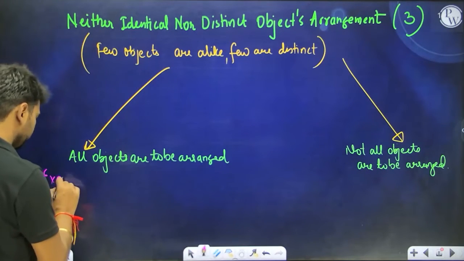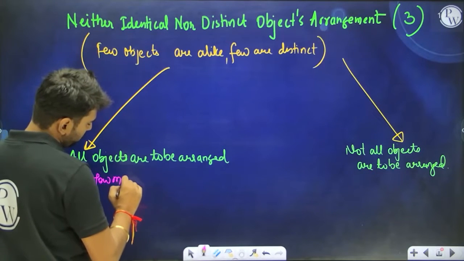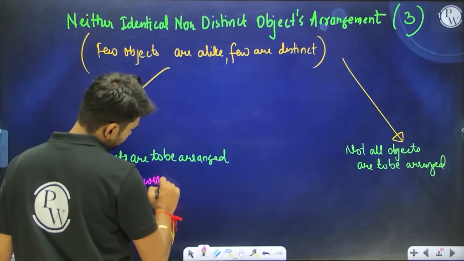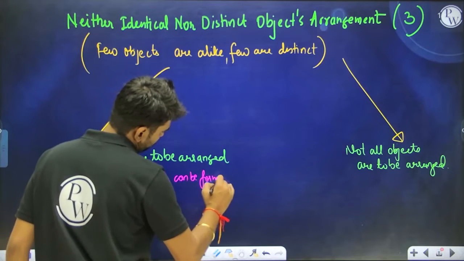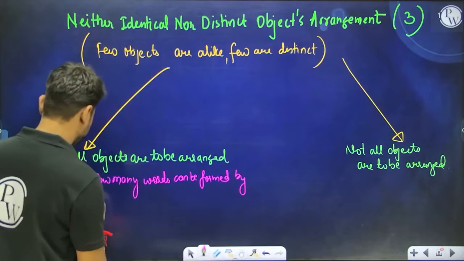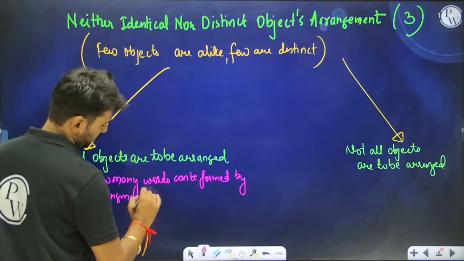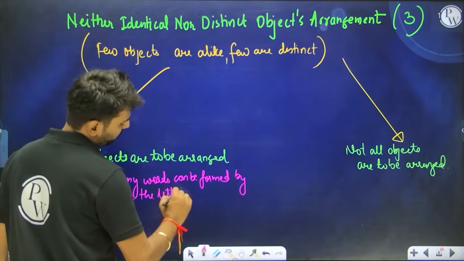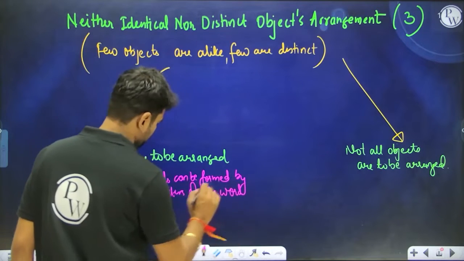Example. How many words can be formed by arranging the letters of the word Naman?